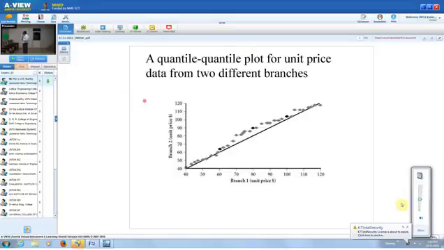Let us suppose you had two such plots. Now you want to study the variation of these two store prices. So for that what you do is you will have the quantile points of the first store and you will have the quantile plot of the second store. And you will plot those points.